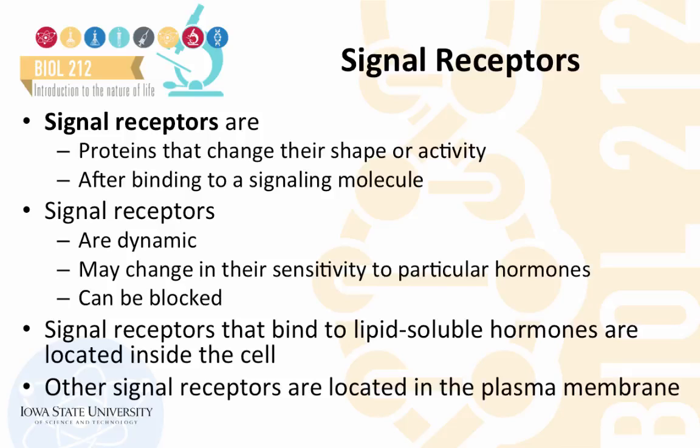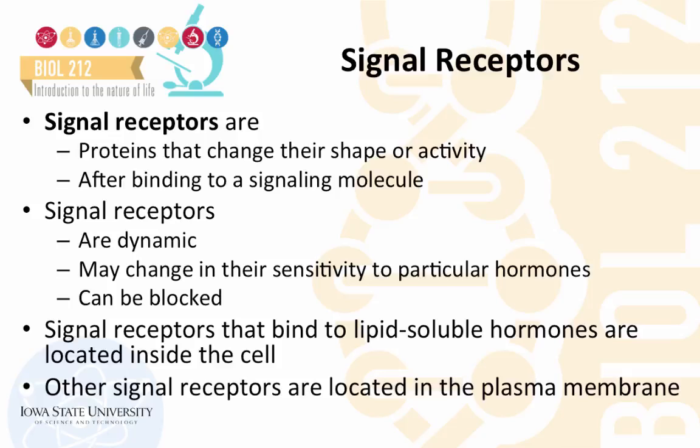Signal receptors are proteins that change their shape or activity after binding to a signaling molecule. This change allows the signal to be transmitted to the inside of the target cell. Signal receptors are dynamic. They may change their sensitivity to particular hormones, and their activity can be blocked. This property is often utilized in the pharmaceutical industry.